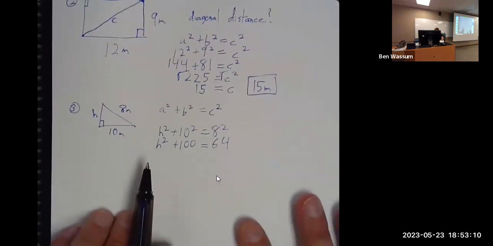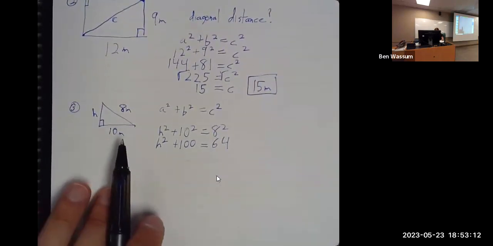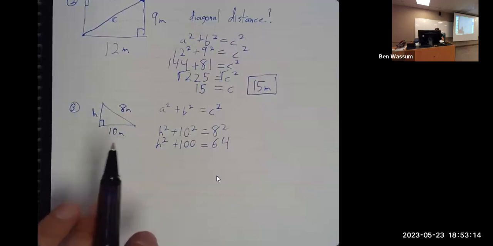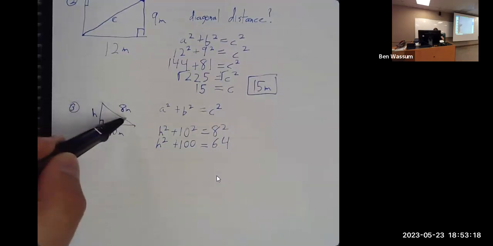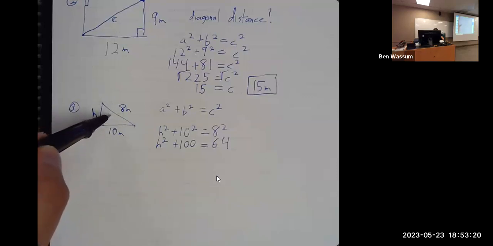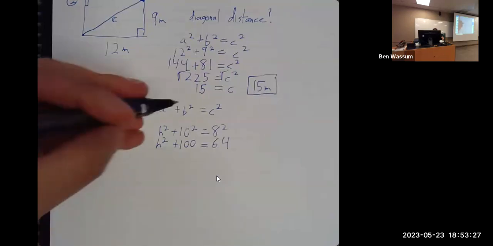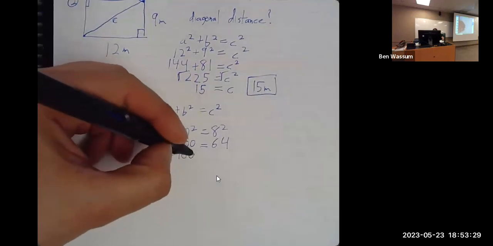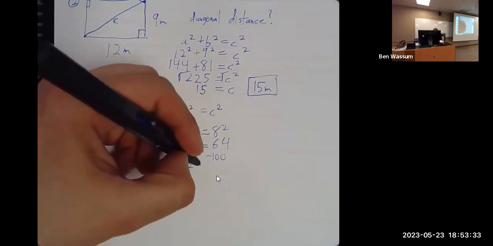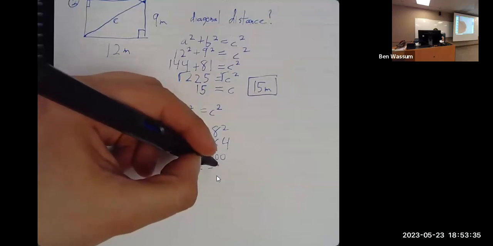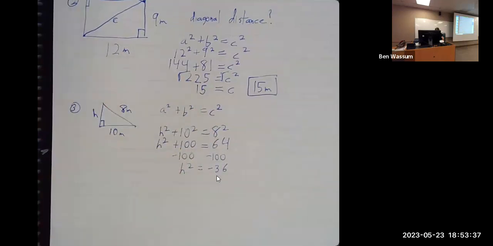So this problem, while it sounds like a decent problem, is physically impossible. We can't have 8 meters here unless this is leaning over, right? It doesn't make sense. Now, if we tried to solve it, the problem is that we end up with a negative 36 here.